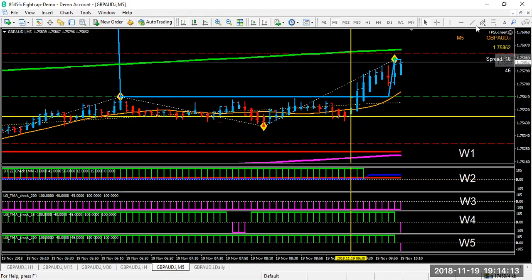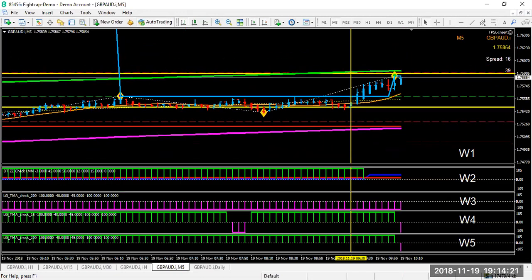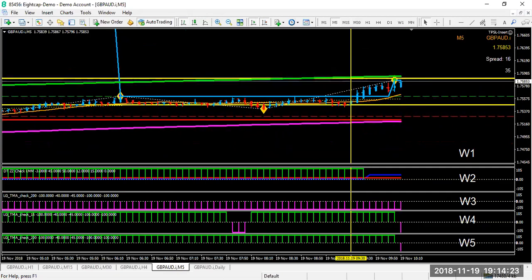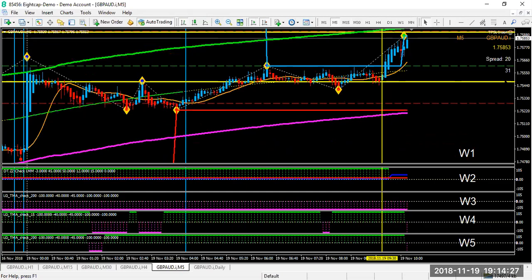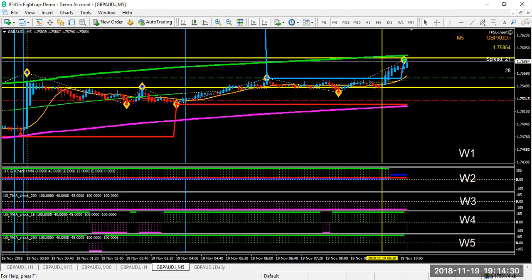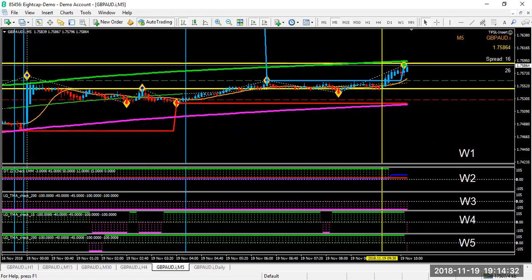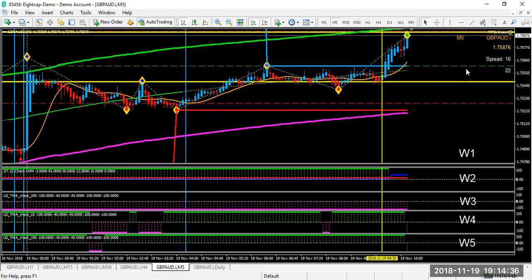You place one at the riverbank that it's going towards. Channel line, okay, channel lines down here.